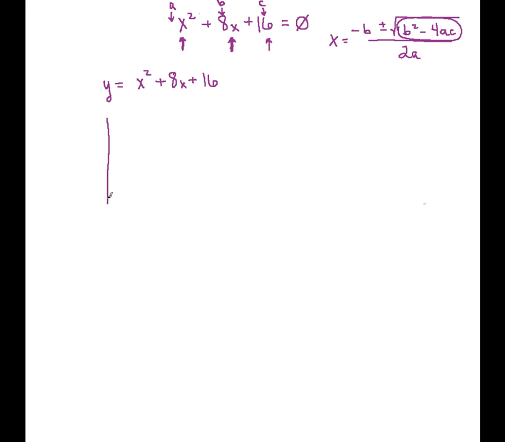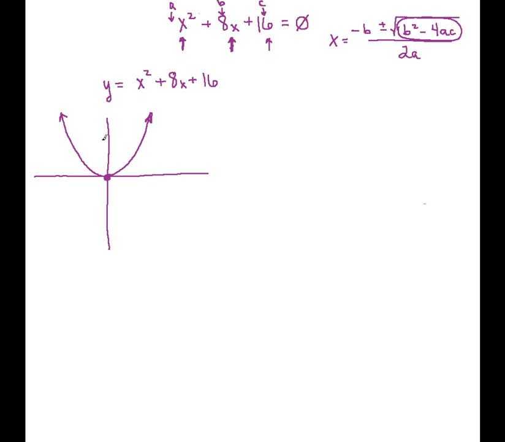So a word about parabolas here. The shape of a parabola is approximately like this. It's symmetrical, so you can fold it in half and one side will exactly overlap the other side. It has a vertex, and it either opens upward or downward.